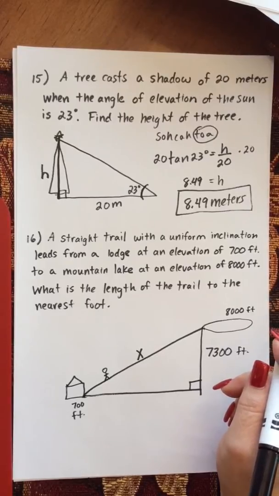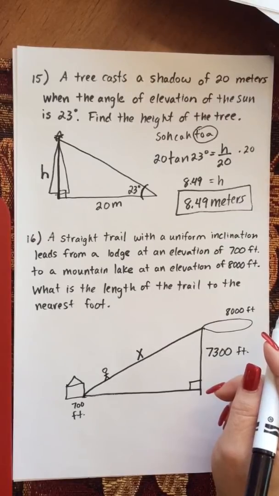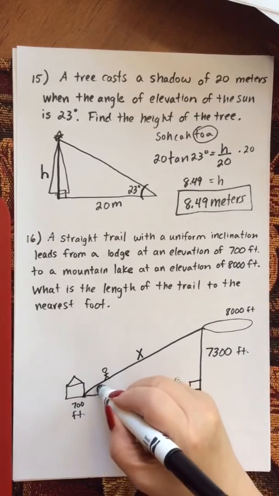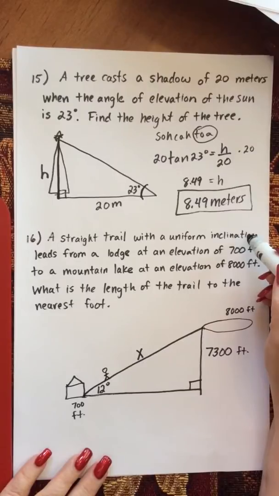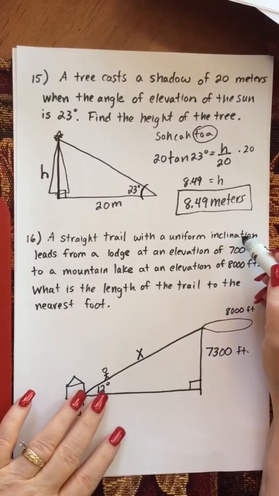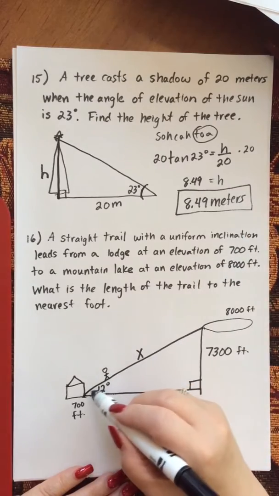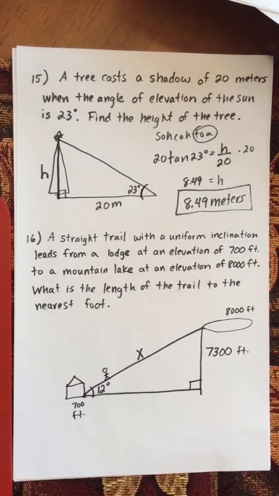Oh, what I didn't say in the problem, which I should have said, is a straight trail with a uniform inclination of 12 degrees. Sorry, I was thinking I didn't have enough information. I forgot to put that on here. It has a uniform inclination of 12 degrees. Sorry, I had to tell you that. So we know that the inclination is 12 degrees. That's how much this is here.